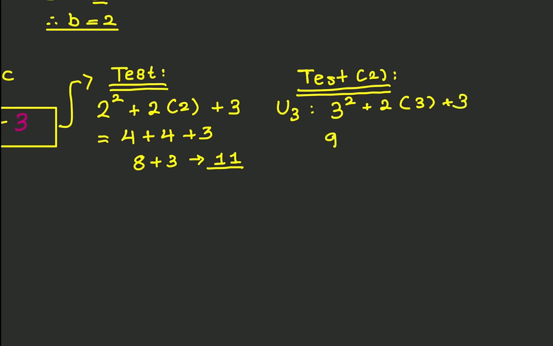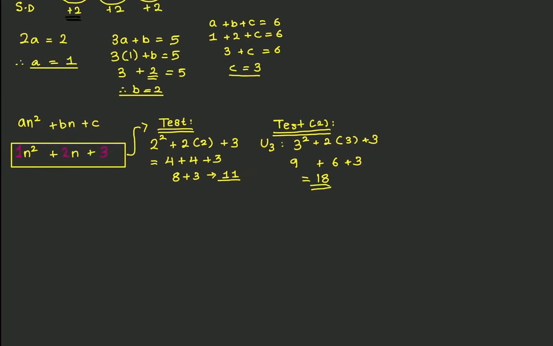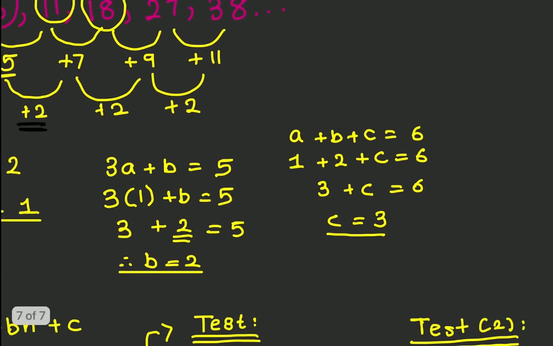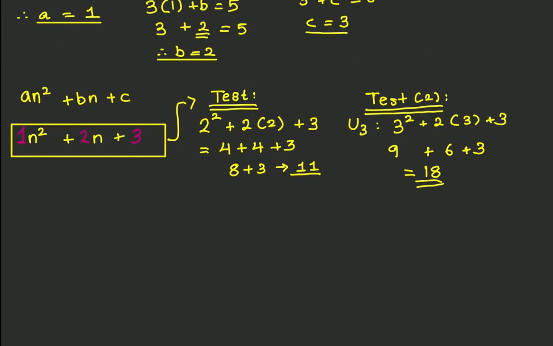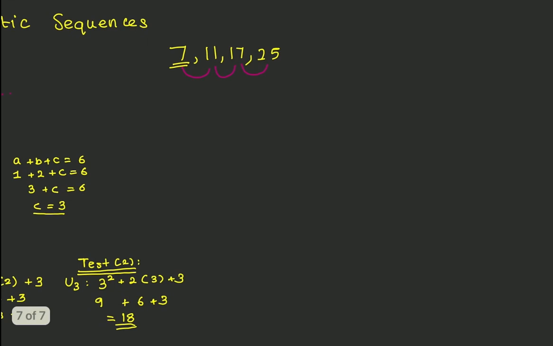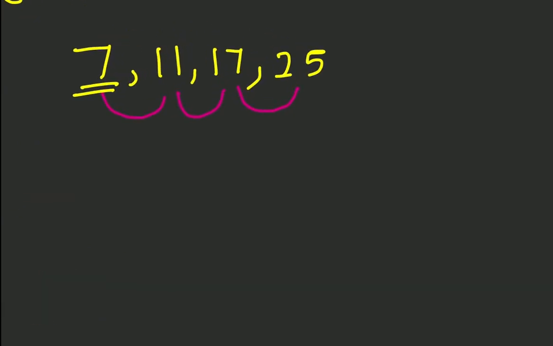That's 9 plus 6 plus 3. 9 plus 6 is 15, and plus 3 is equal to 18. Let's see if it works. And we're getting 18. There we go. So now we know that this formula works accordingly for this sequence. Moving on, let's look at another example.